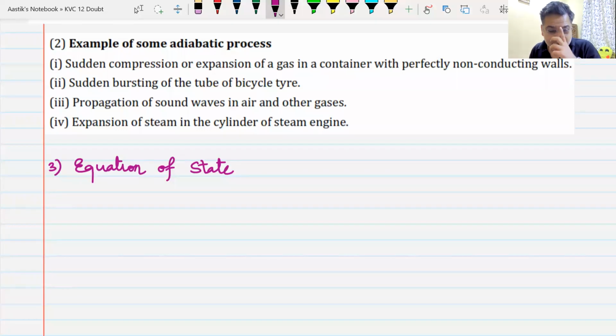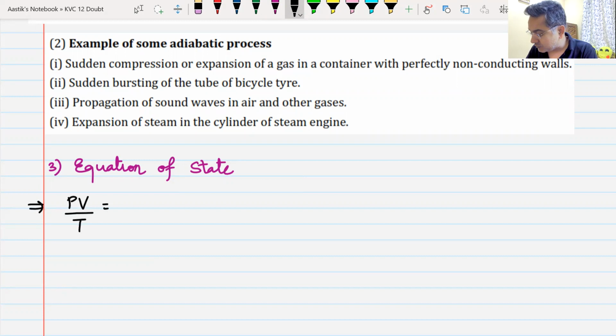So now comes the equation of state for this. How do you write the equation of state? Remember, here nothing is constant. P, V, and T all are changing. So you can write PV by T is equal to constant. This is the first way of writing it. Many times we forget it, that is why we write it.